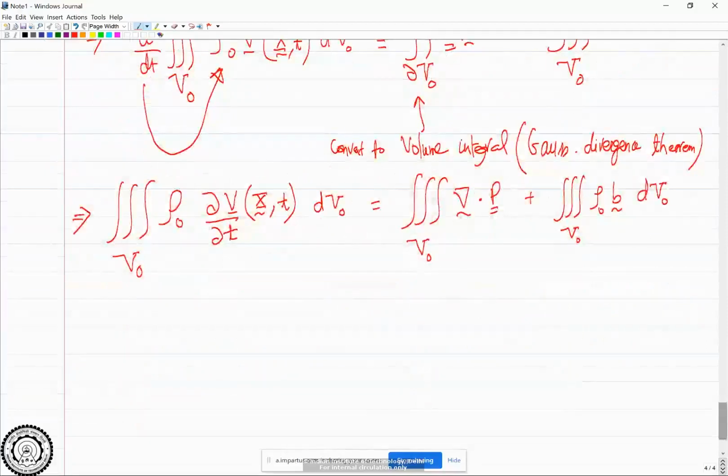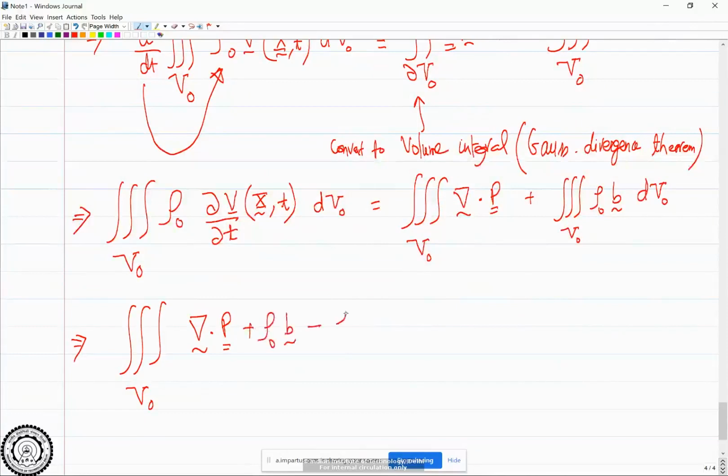So you can bring them all under the same integral, and you have V naught, divergence dot P plus rho naught B minus rho naught, and you see what is this thing here, del V del T. Acceleration.